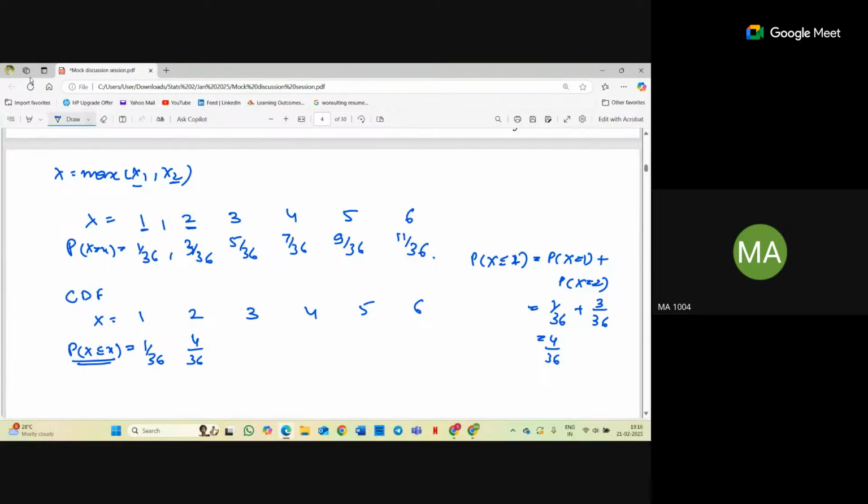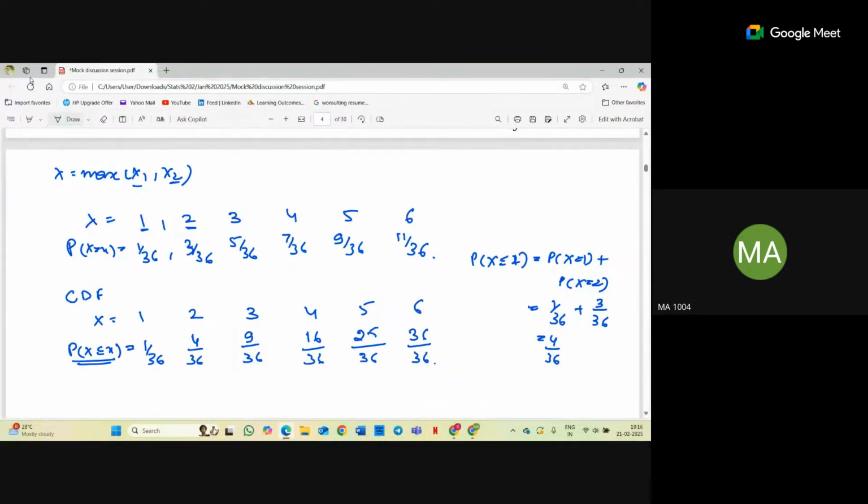Is this step clear to everyone? Yes, ma'am. Now when X equals 3, the value will be 9 by 36. Then this would be 16 by 36, then 25 by 36, then 36 by 36.